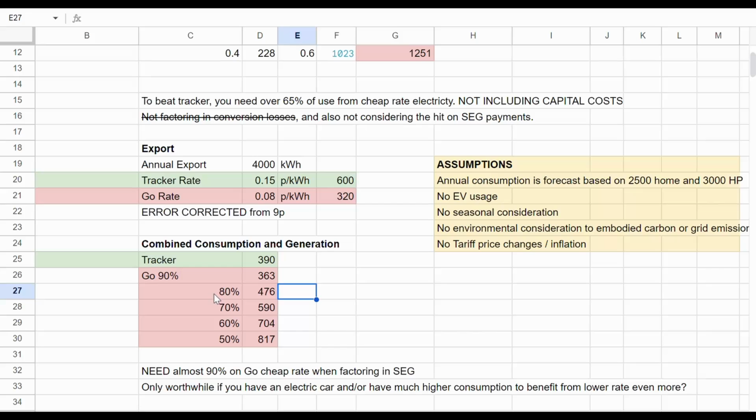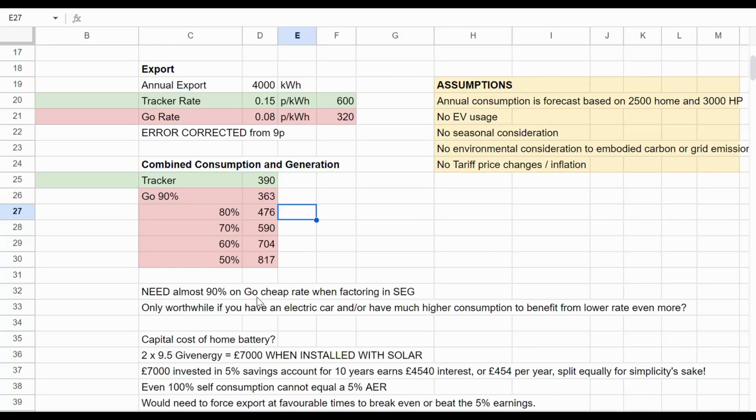It's not really feasible and not really economically viable. And this is one of the points that was made over and over again in the comments. And I was trying to reiterate that, and maybe I didn't articulate it clearly last time, that this is just for my use case without the high consumption of an EV, but at the same time with the high consumption of a heat pump, which changes the dynamic of how you use energy quite dramatically.